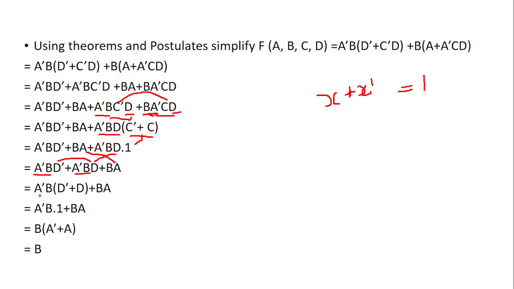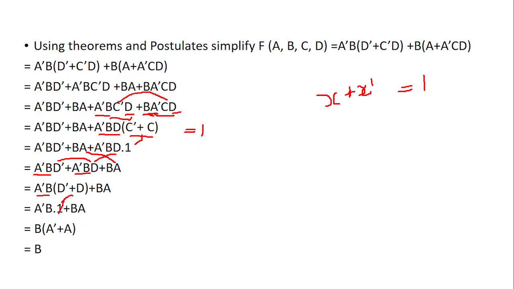So take A bar B common, and D bar D. If C bar plus C is 1, then naturally, as far as the inversion is concerned, D plus D bar is also 1, and multiplying it with 1 will not make any difference.